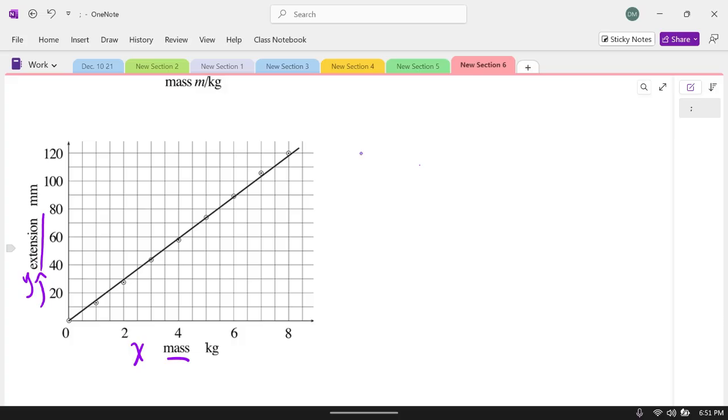So y no longer seems like an appropriate letter for the word extension. We will use the first letter from that word, which would be E. Then we are going to look at x, and x is actually mass. And x, again, doesn't feel like an appropriate letter anymore if the word's actually mass. So we're going to use the first letter of the word, which is M.